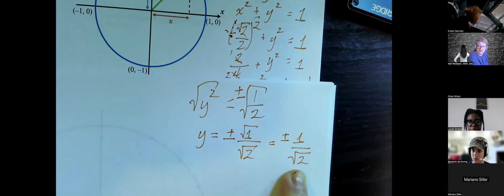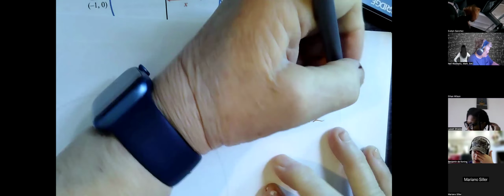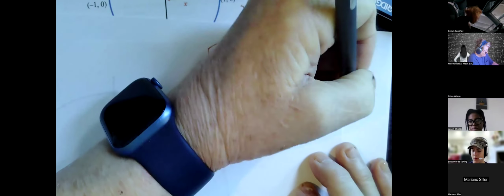This is the best answer because it is the simplest answer. Alex makes you rationalize, so let's get in the habit of rationalizing. What do I need to do to 1 over the square root of 2 to rationalize it? Multiply both the numerator and denominator by the square root of 2. Good.